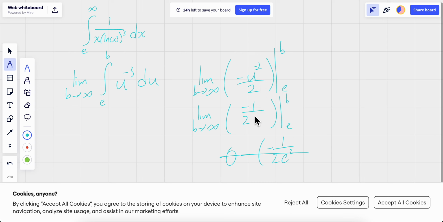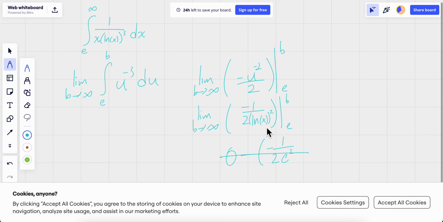So ln of x to the second power. Yep, that makes more sense.